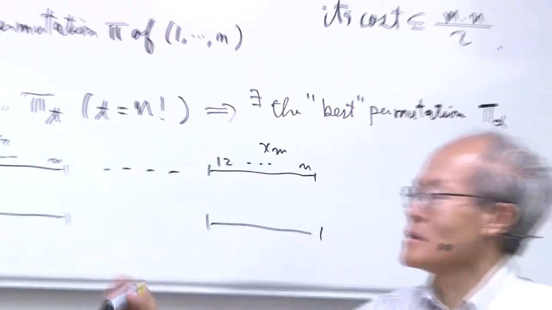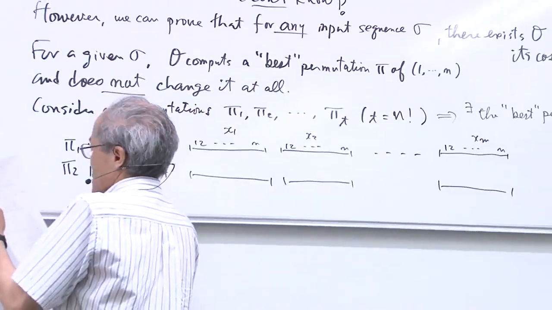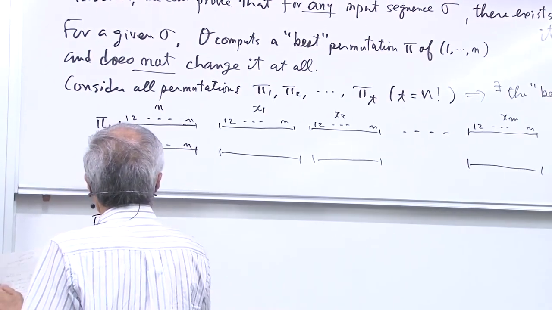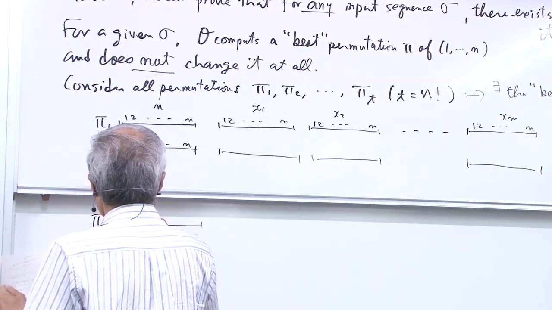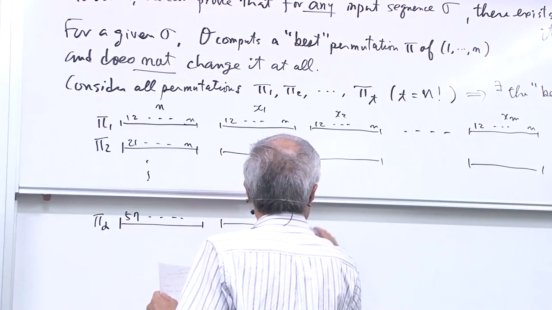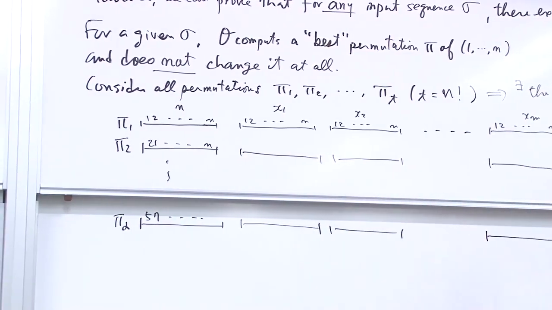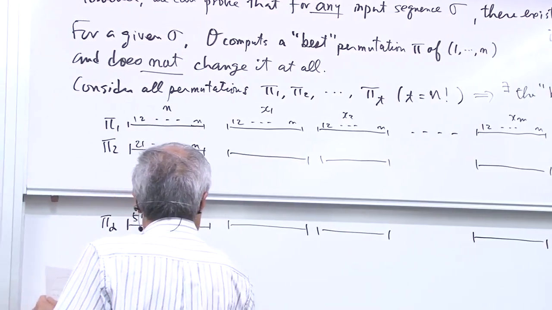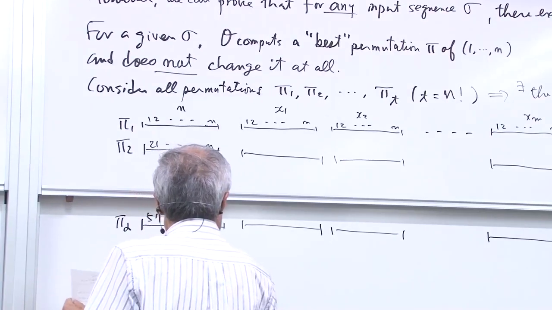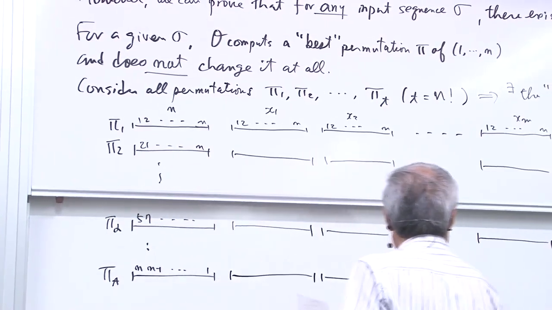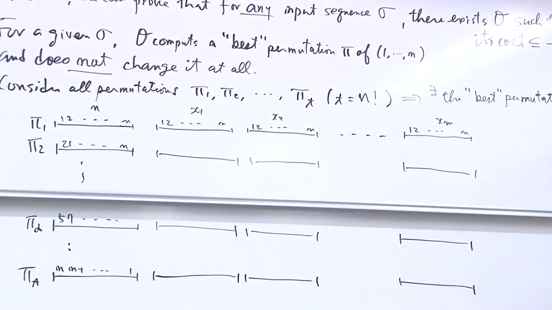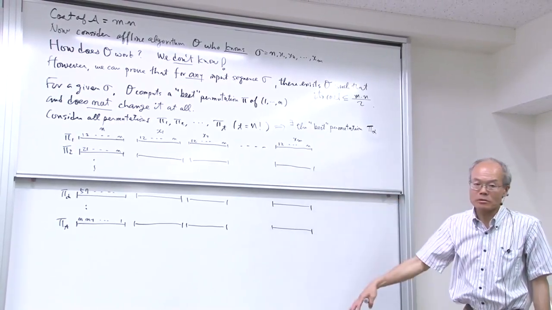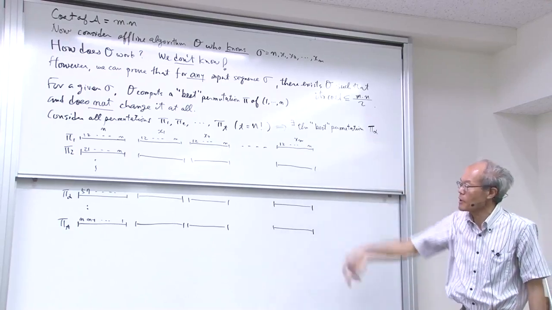And so on up to pi alpha, and pi t. So I just wrote all permutations, t permutations, where t is equal to n factorial.